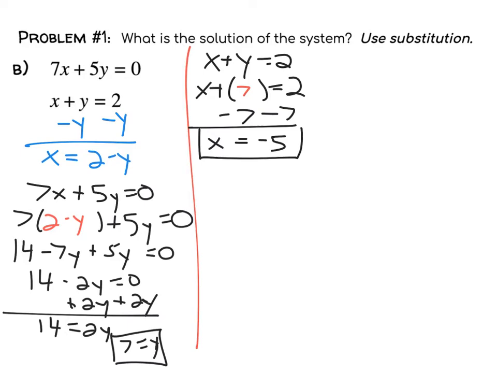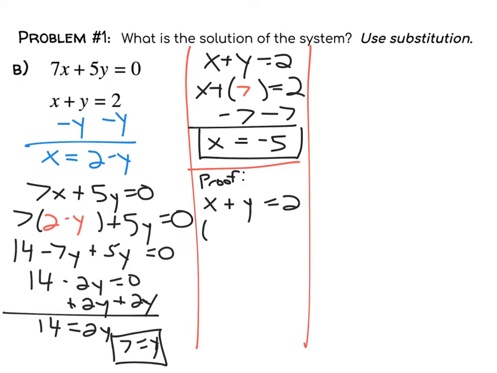Okay, so what am I going to do? I'm going to substitute both of the values into each equation. So we get x plus y equals 2. And actually, let me write the word "Proof" so we know what we're looking at. Proof: x plus y equals 2, and then we'll put in those values.